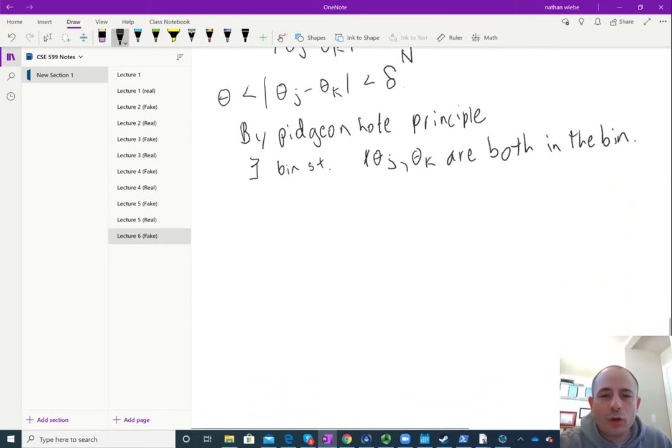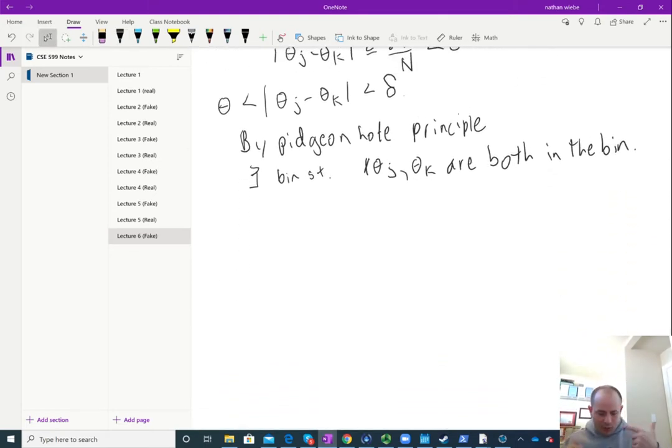All right, great. So we know that 2 of them have to wrap around such that they're delta close to each other.